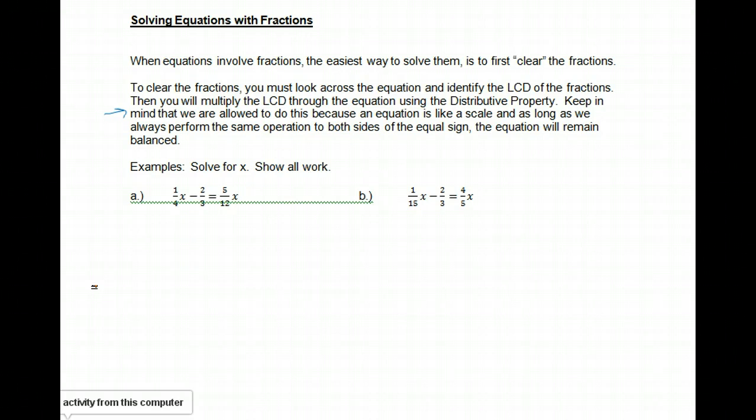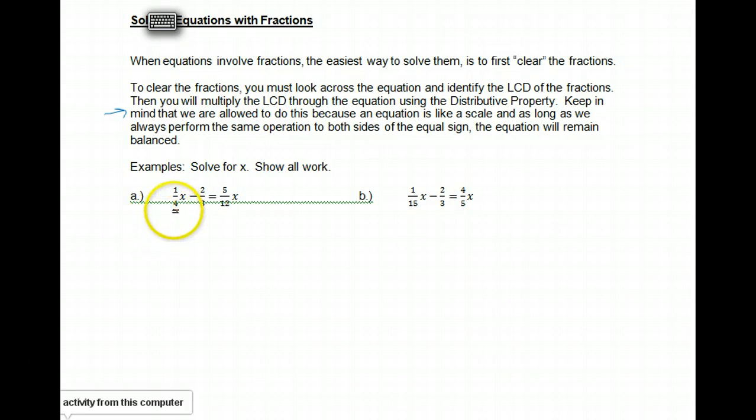What we're going to do is eliminate the fractions by using the LCD of the fractions. LCD stands for lowest common denominator or least common denominator, however you were taught the vocabulary word. I've heard it both ways. And the least common denominator is the smallest number that all of your denominators will divide into.